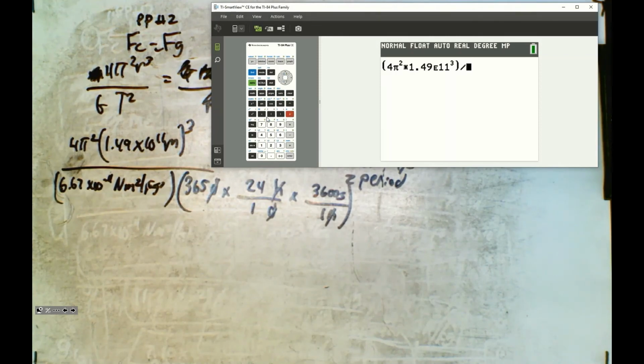So that's my top, and then my bottom, alpha g, times, and I'll start a new bracket, 365 times 24 times 3,600, and I want to square that, and then I want to close my bottom bracket. And I get a mass of the sun, 1.97 times 10 to the 30.